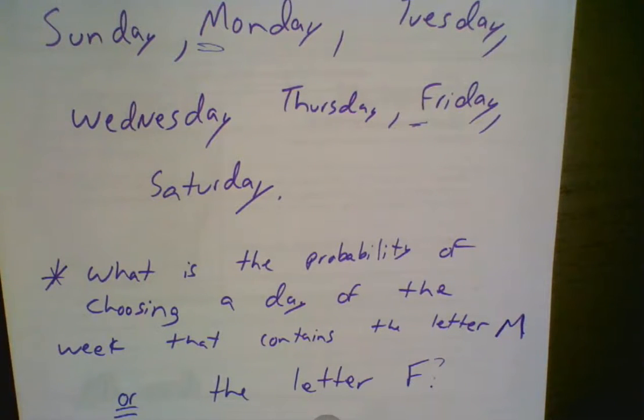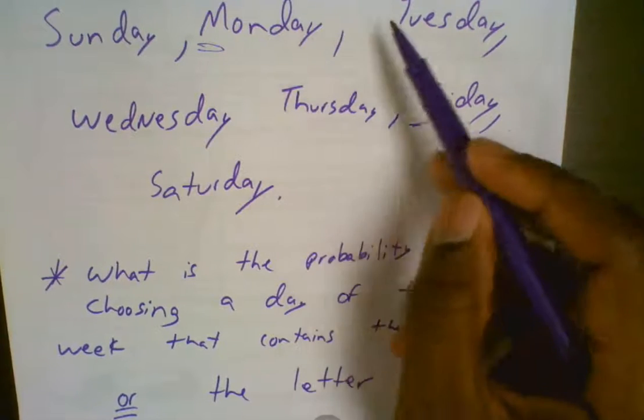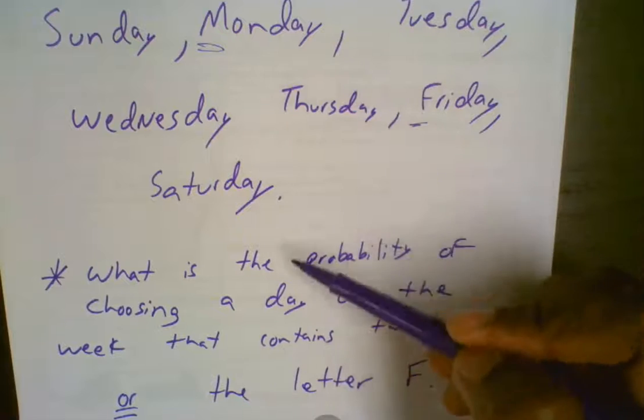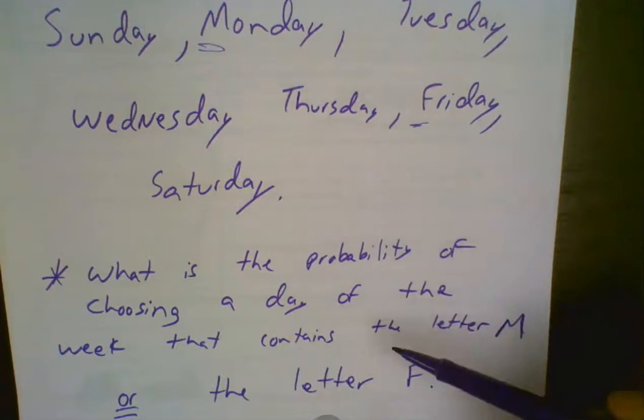So in order to find that probability, we basically find the probability of the first plus the probability of the second. What's the probability of choosing a day of the week that has the letter M?